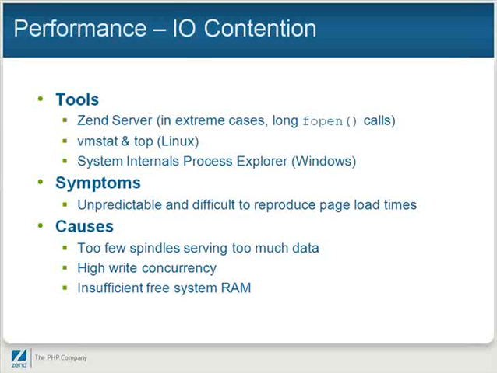There's a couple of symptoms of this. The primary one that I've run into is unpredictable and difficult to reproduce page load times. What they tend to be is that your data is going along and your response time is okay, but then your response time starts to increase, and then all of a sudden your response time just tanks. That can often be an indicator of high I/O, because at some point you just hit the physical limit of the hardware and it just drops.